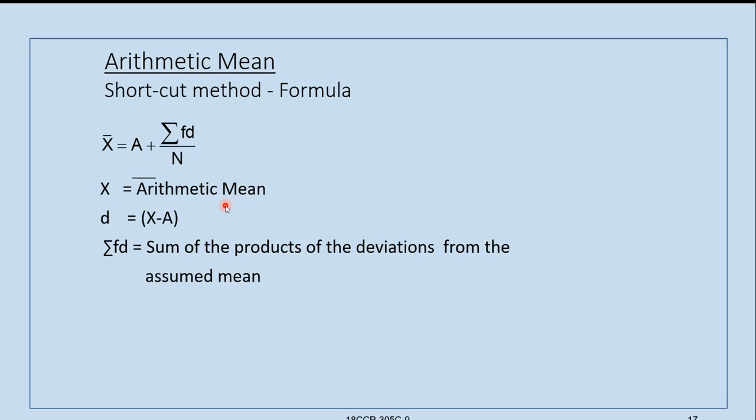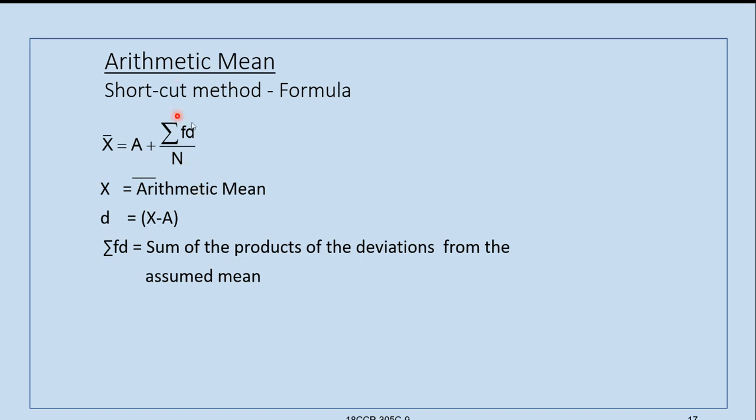Because of some reason, items are moving. In the previous slide also the formula is going upside, whereas it should be in the sixth step. Here also this bar is moving forward instead of here. That is x bar is equal to arithmetic mean.